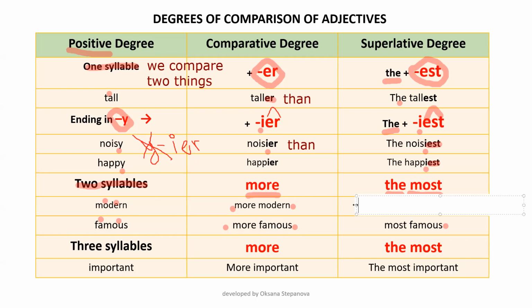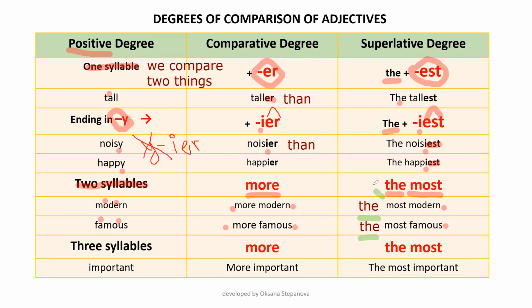Just again, turning your attention to the article there, because most people think, I don't need this bloody article, so many things to remember. But actually in the English language, you really need that in superlative degree. Not here, not in comparative degree, all right? Only in superlative degree. So if you want to use the most form, just always use the most.